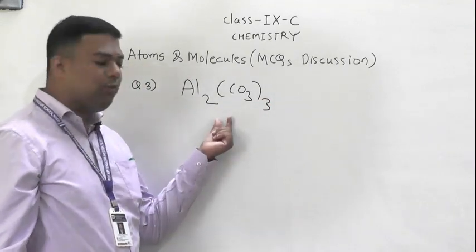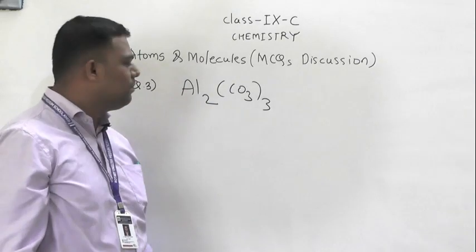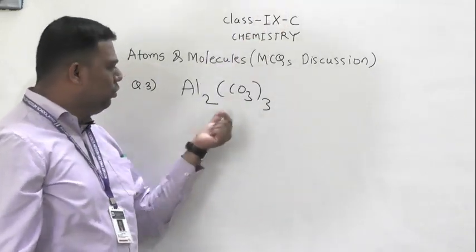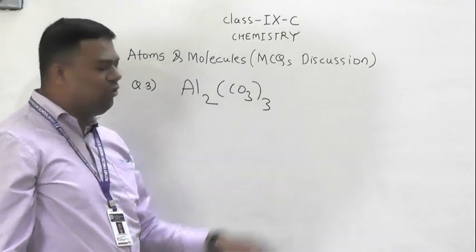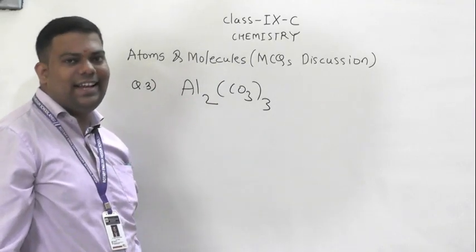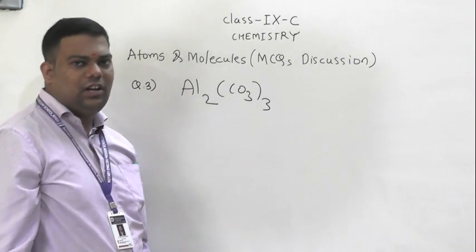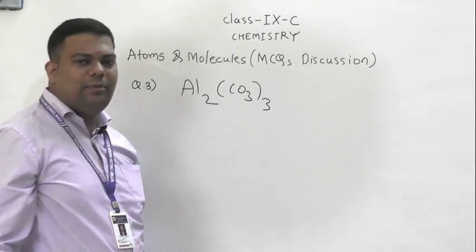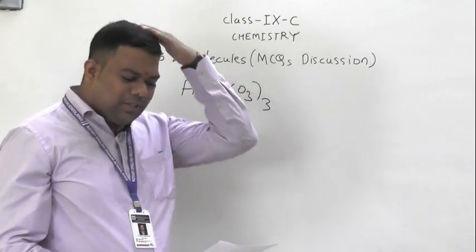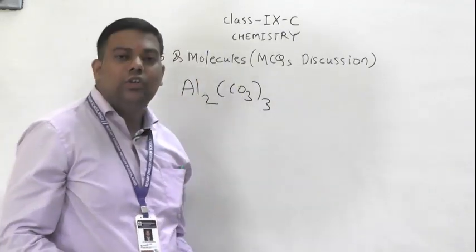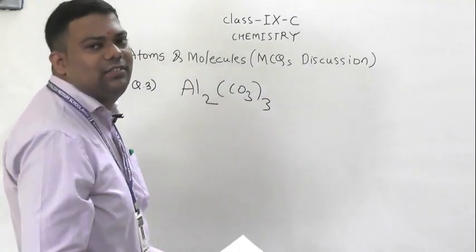You must know this formula, different formulas also. Al 3 plus and CO3 2 minus, like that it will dissociate. Understood? So it is aluminum carbonate. From that we want the percentage of carbon.